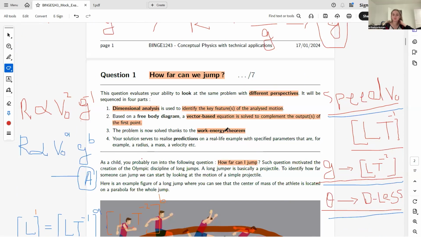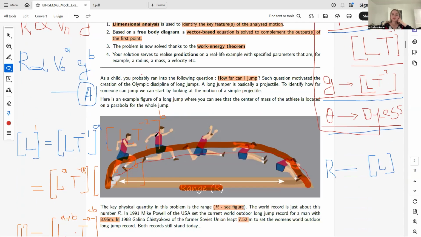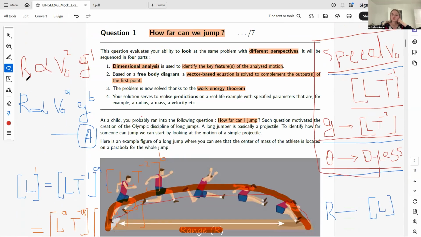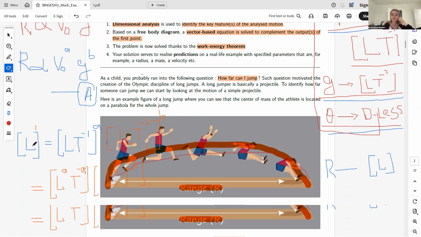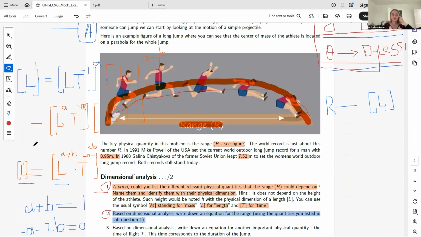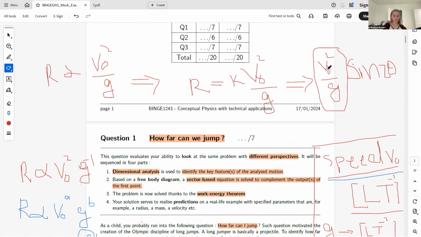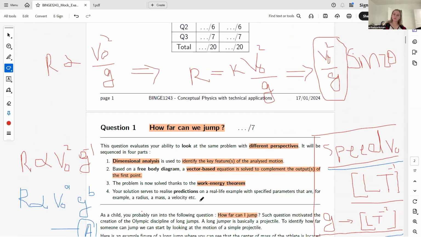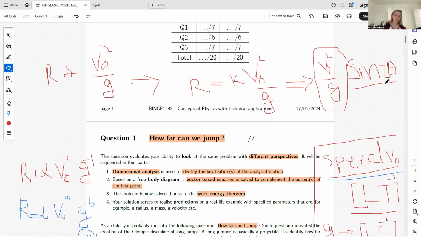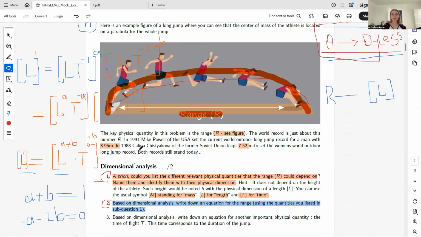In sub question 1, we listed these quantities, and we used these quantities in part 2, as you can see from equation A. From this we derived the relation for the range, V naught square by G, and after including the angle it has become V naught square by G sine 2 theta.